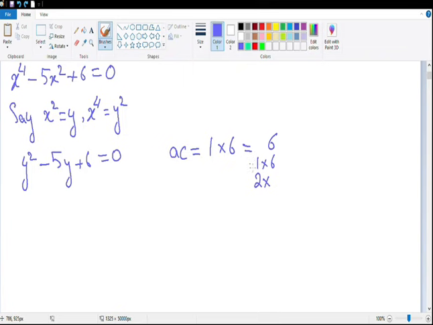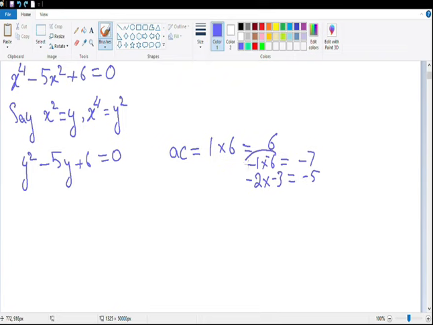So that means that both of the factors must be negative. So let's sum them up. Here we'll get negative 7, because minus 1 minus 6 is negative 7. And here we'd get negative 5. So negative 5 here works.